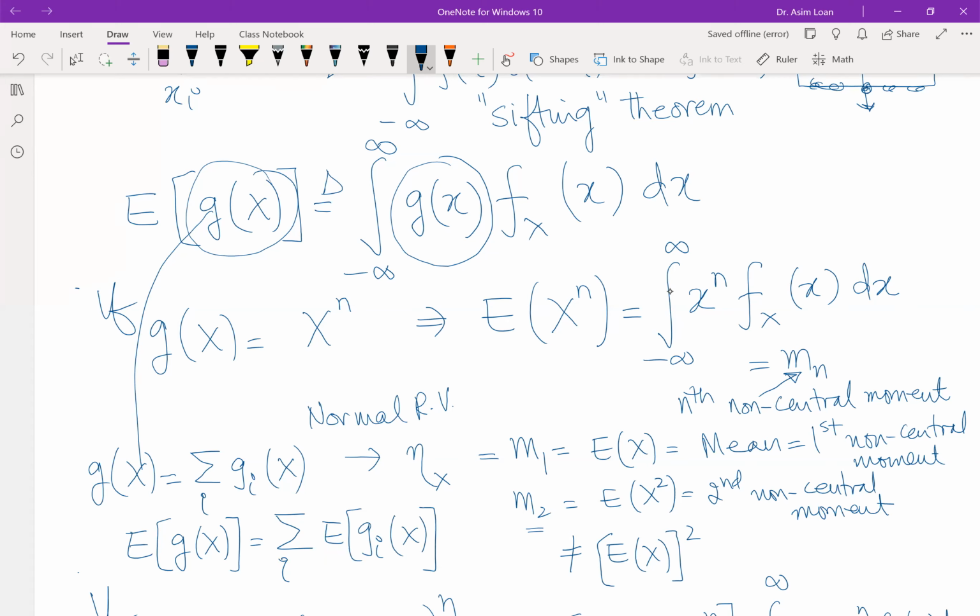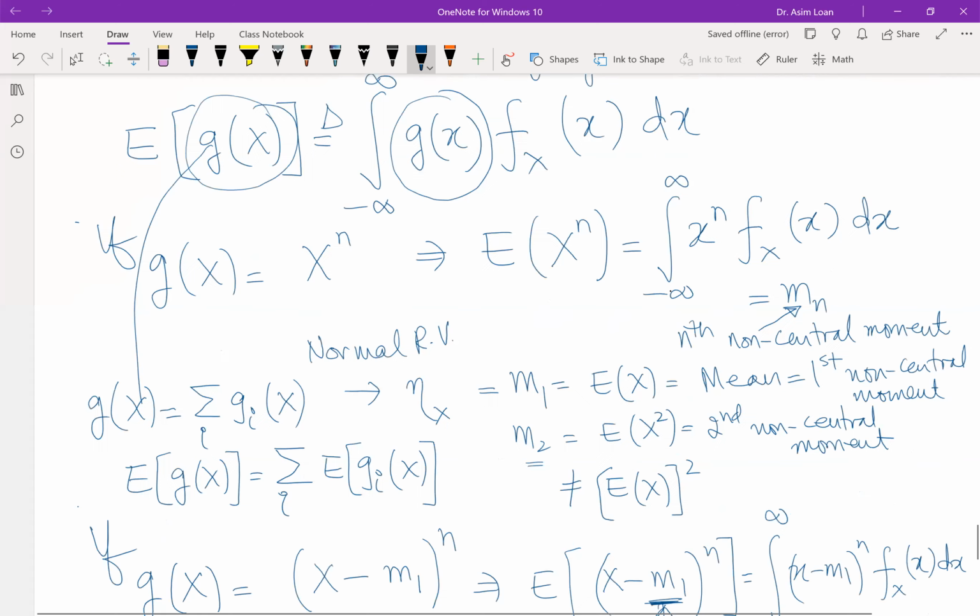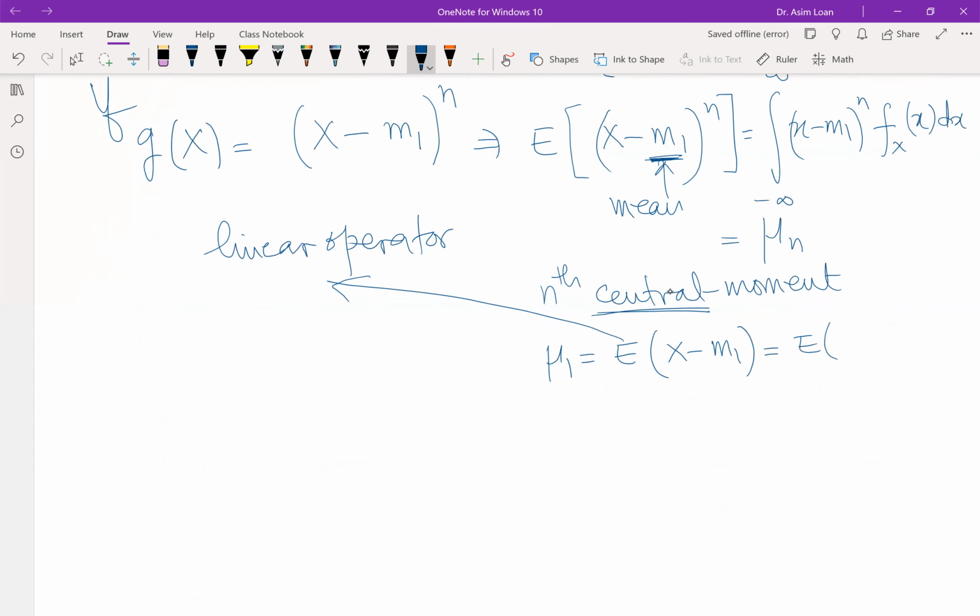Because the integral is itself a linear operator, this is simply the sum of expectations. So here, this is simply the expected value of x minus the expected value of m1.